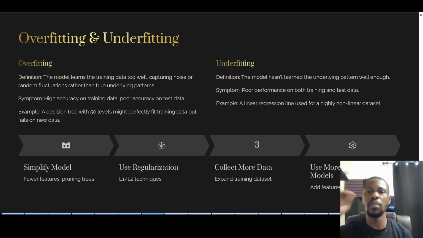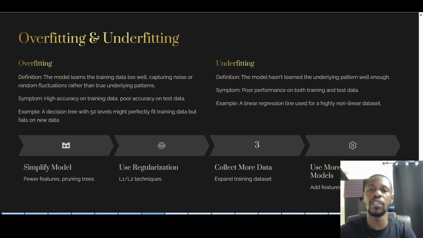Or someone that only memorizes flashcards but doesn't understand the underlying patterns or theory or how to arrive at a particular answer. They've only memorized that particular answer, so when they go into the exam they struggle. That's essentially what overfitting is. It's being too familiar, only memorizing very specific answers, and so when certain things change, they've not comprehended the underlying concepts of what is actually being taught. That's essentially what overfitting is.